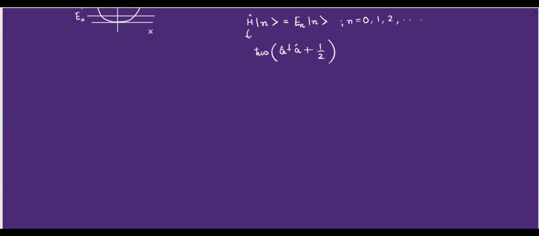We had also seen that this a cap dagger a cap, when it acts on n, gives us n times n, and we called this the number operator. But we didn't understand why these are called creation and annihilation operators.